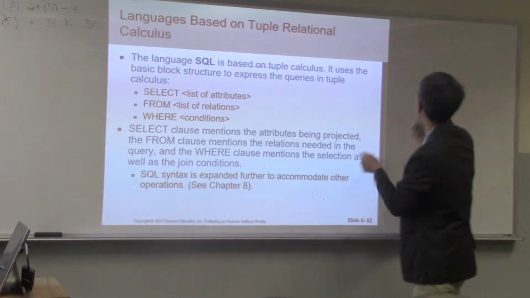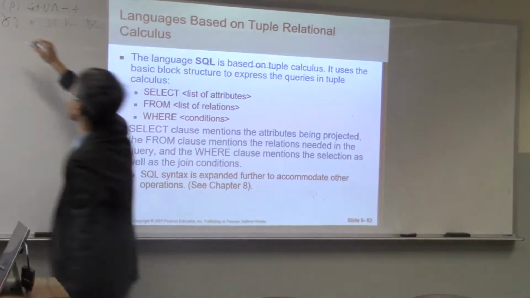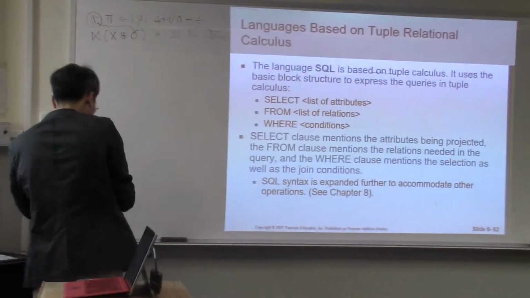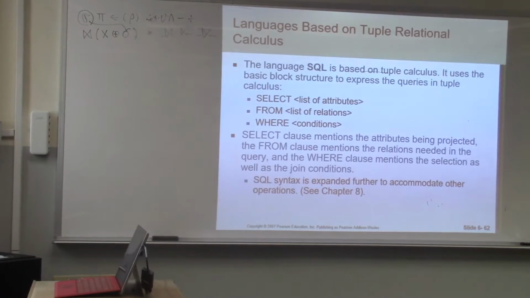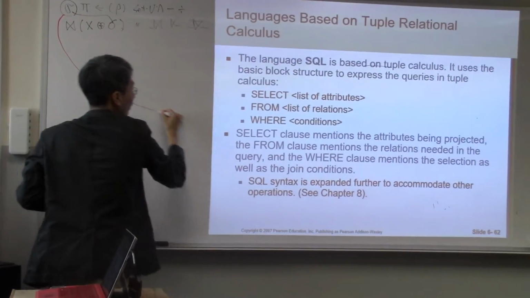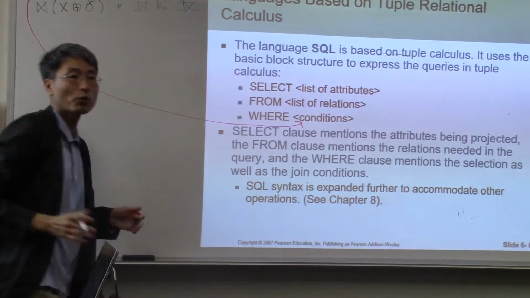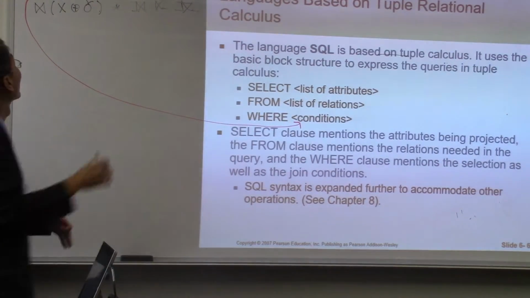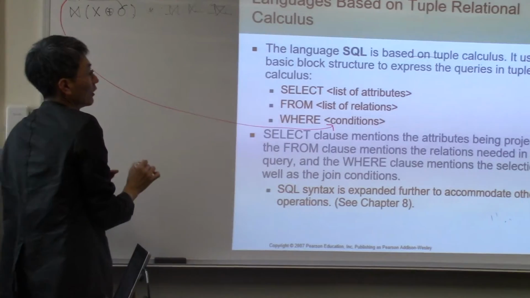So, we learned select condition. This select condition, selection is going to where? The condition in where. We limit the tuples. What about the projection?